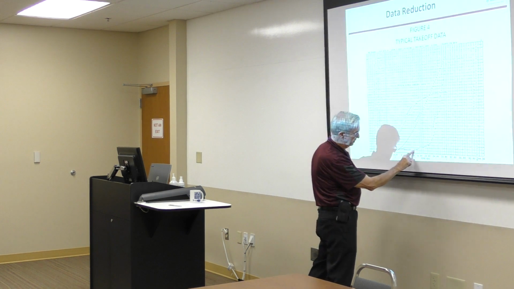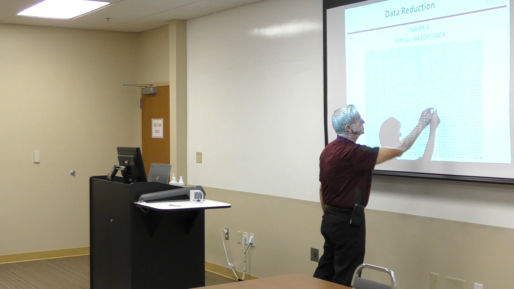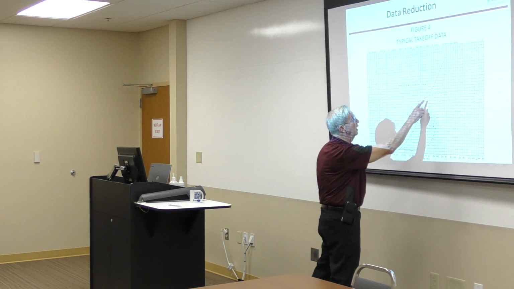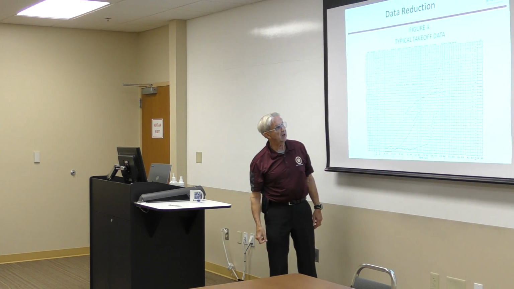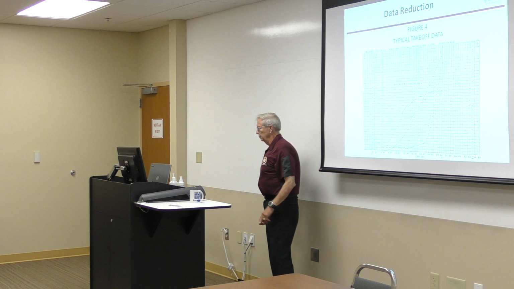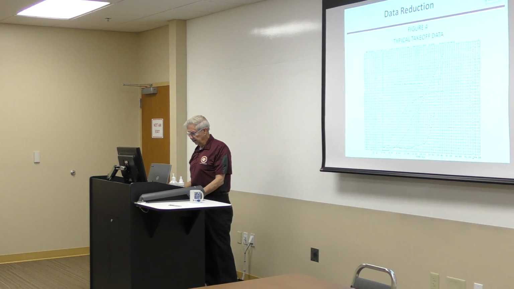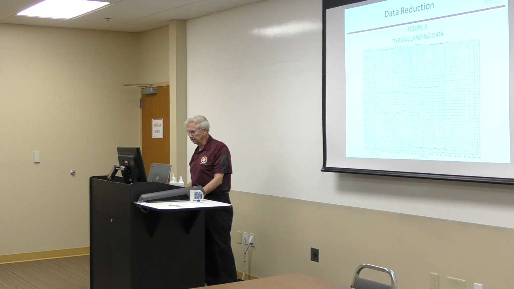Here he's on the ground, lifts off, climbs to the obstacle. And here is the distance track. So that's the kind of thing that you would like to get, because then you can integrate those curves to determine distance and acceleration and those sorts of things.